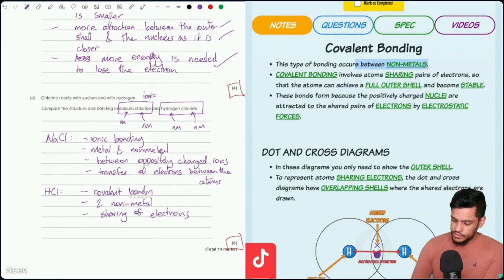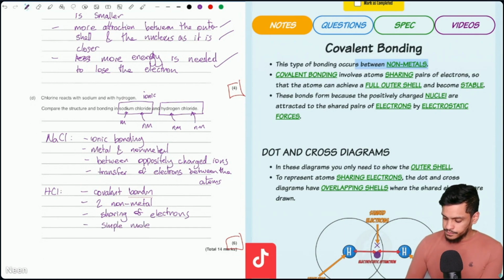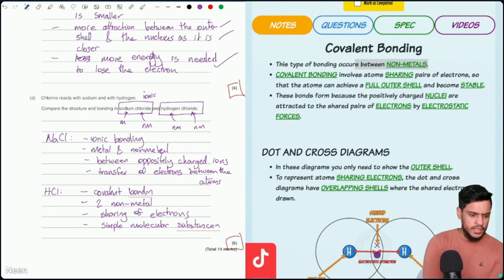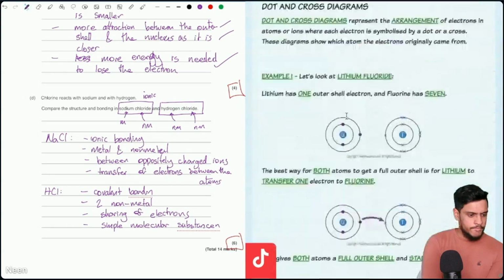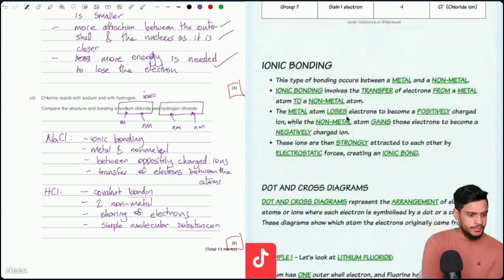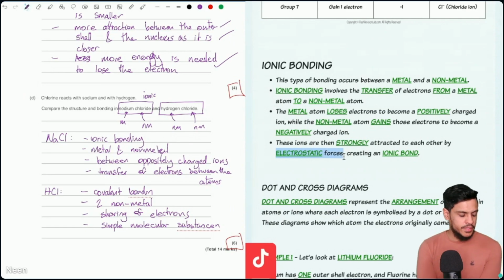Hydrogen chloride, you could also say, is a simple molecular substance. You could talk about the forces between the two. Ionic bonding has electrostatic forces of attraction between the ions. What about simple molecular substances?